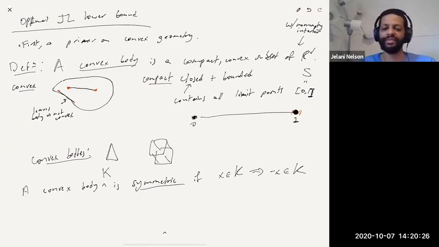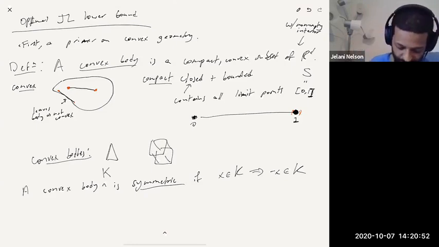It has to contain 0. Why? Because since it has non-empty interior, there's some x in that body. And then minus x has to be in the body. And then the line from x to minus x has to fully be in the body because it's convex. And the line from x to minus x contains 0. It's halfway through the line.